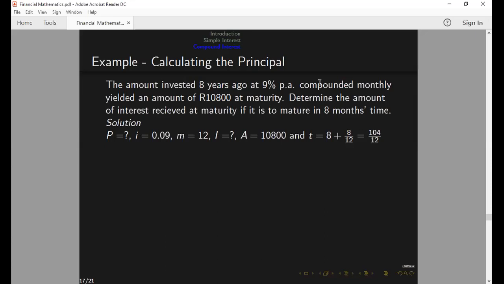Now let us discuss that T just a moment. We are told we are here. This is the now. This is 8 years ago. Now, timelines are very important in financial maths. So 8 years ago, some particular investment was made, from here up until now.